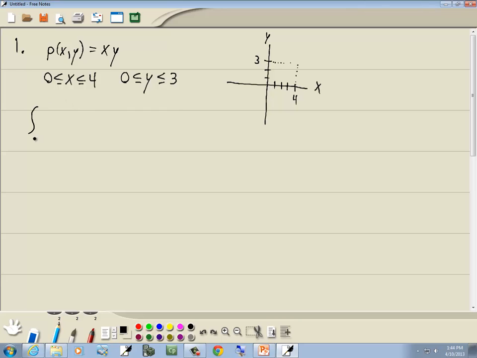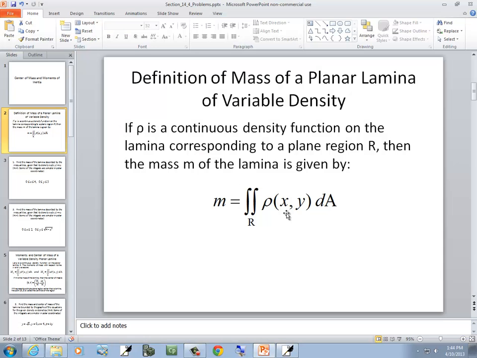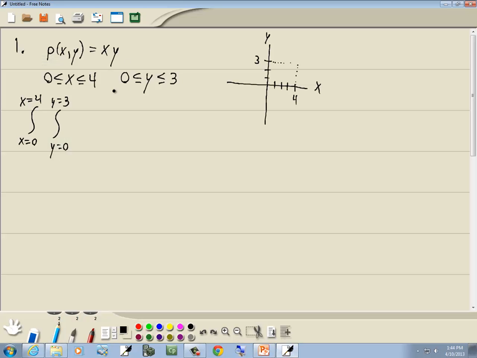To set this up, I'm going to put the x value on the outside. X is going to go from 0 to 4, and y is going to go from 0 to 3. It's a rectangle, so it's a pretty easy setup. Now we need rho here, and rho is xy. Then y is the inner one, so this has to be dy, and x is our outer one, so this has to be dx.